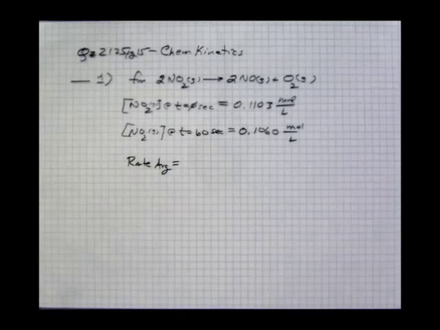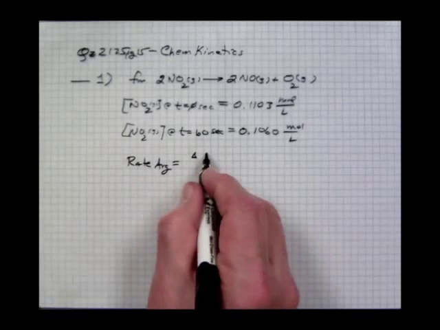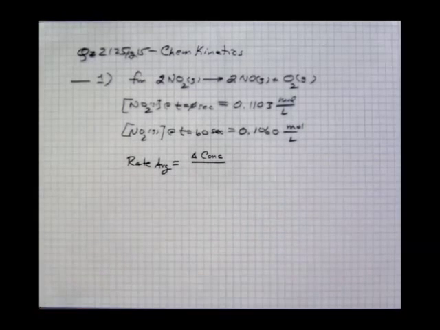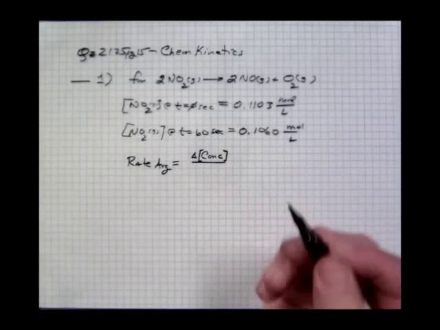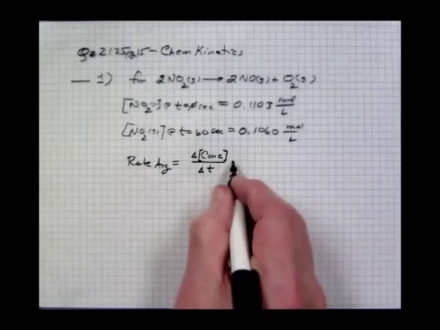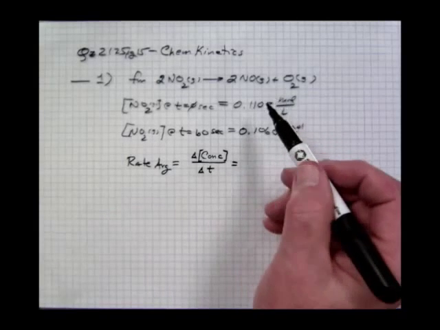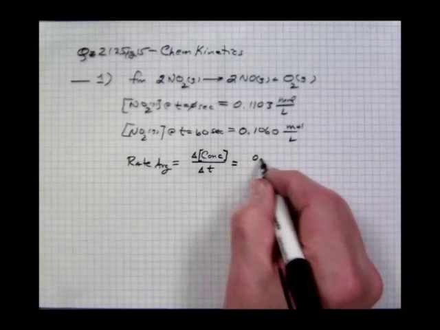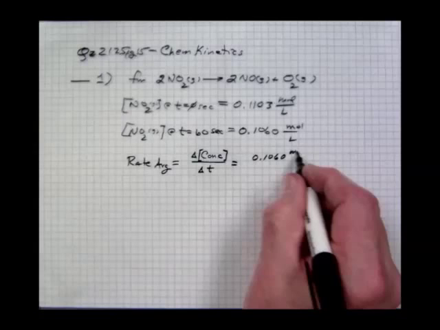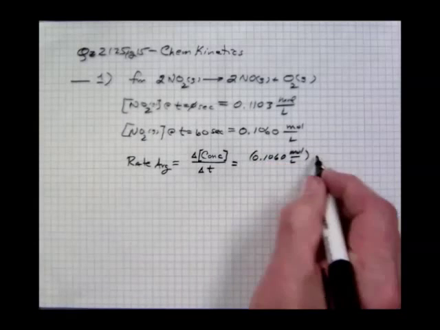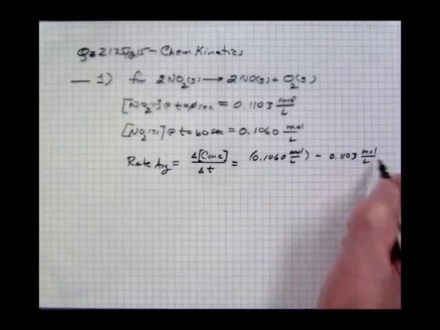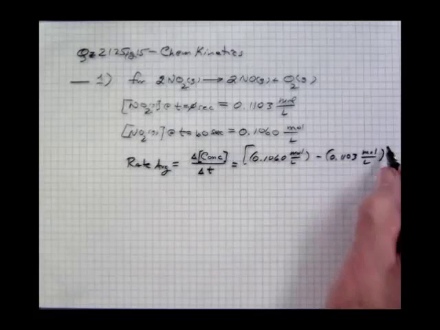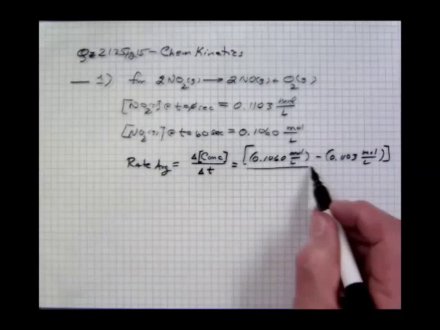it follows simply the definition of what rate is. That's the change in concentration over time. So that is change in concentration of the item of interest, typically in moles per liter, over change in time. So that would be 0.1060 mole per liter minus 0.1103 mole per liter, as our numerator.